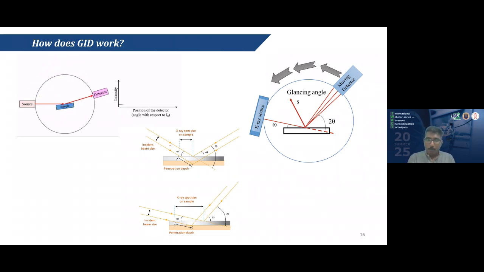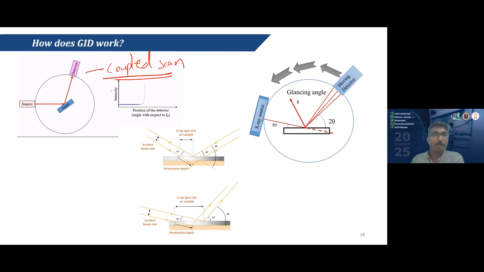In the case of normal XRD, as you can see, the 2 theta detector angle moves at twice the speed of the incident angle. As we have discussed, it's a coupled scan.